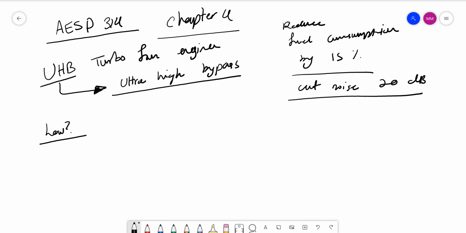To answer that question, you have to be able to answer another question. What happens when you increase the bypass ratio?